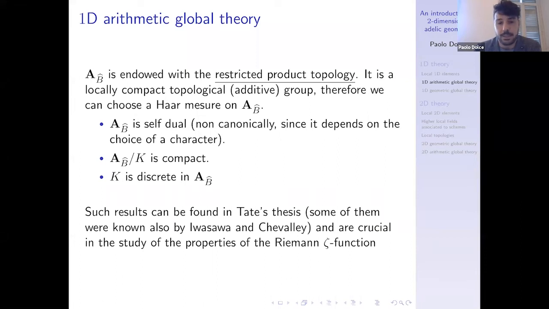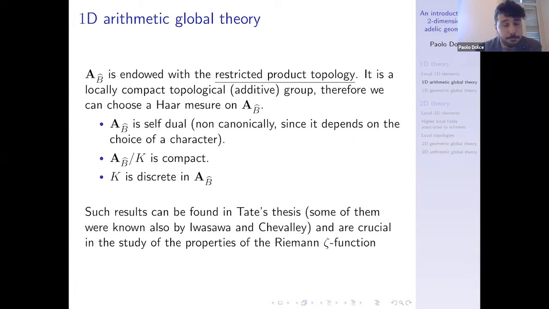These properties are crucial to the study of the Riemann zeta function, as Ivan explained yesterday. And the point of doing two-dimensional adeles is that we want to get similar properties for two-dimensional adeles, in order to study the two-dimensional zeta function that was defined in the talk yesterday.